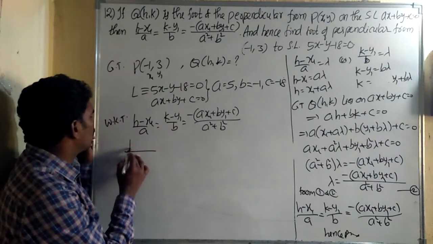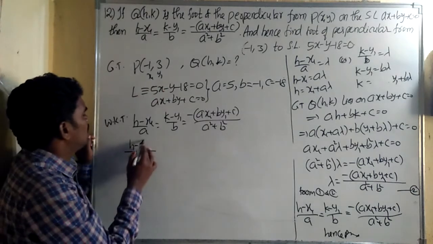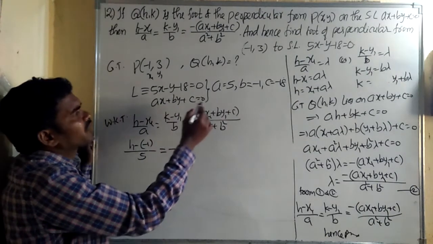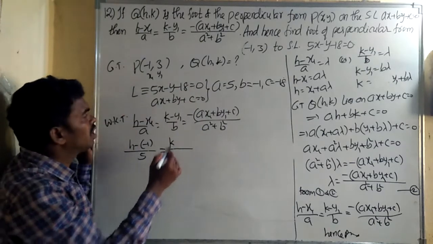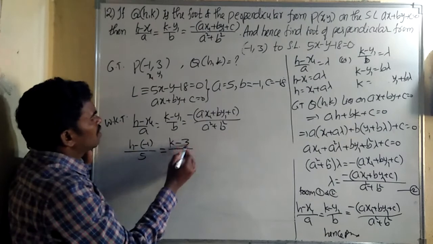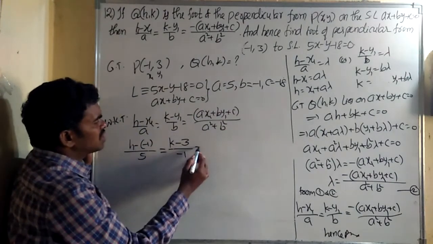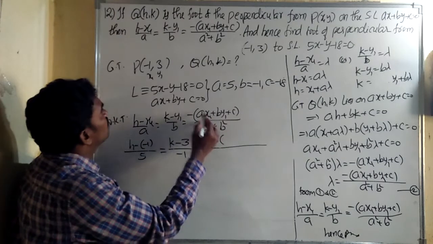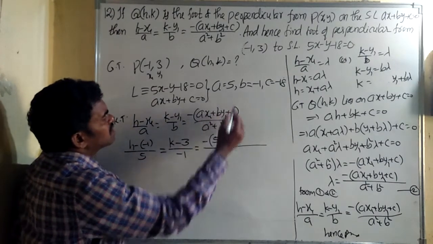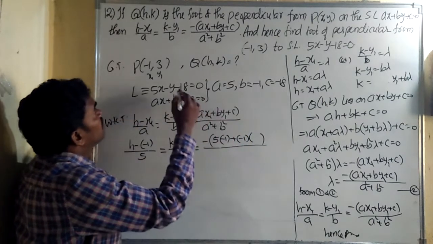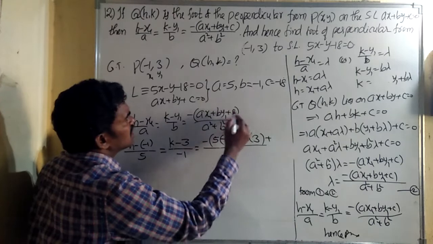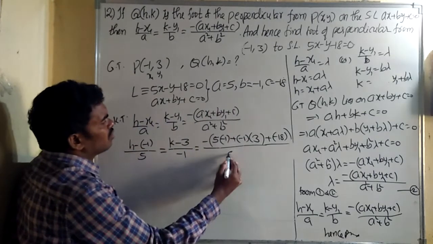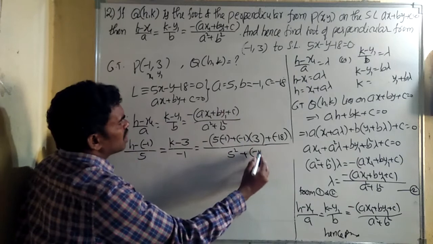Now h we don't know, that we should find. X1 is minus 1, by a is 5, equals k, which we don't know, that we should find, minus y1 which is 3, by b which is minus 1, equals minus of a into x1, that is 5 into minus 1, plus b into y1, that is minus 1 into 3, plus c, minus 18, by a square, 5 square, plus b square, minus 1 whole square.